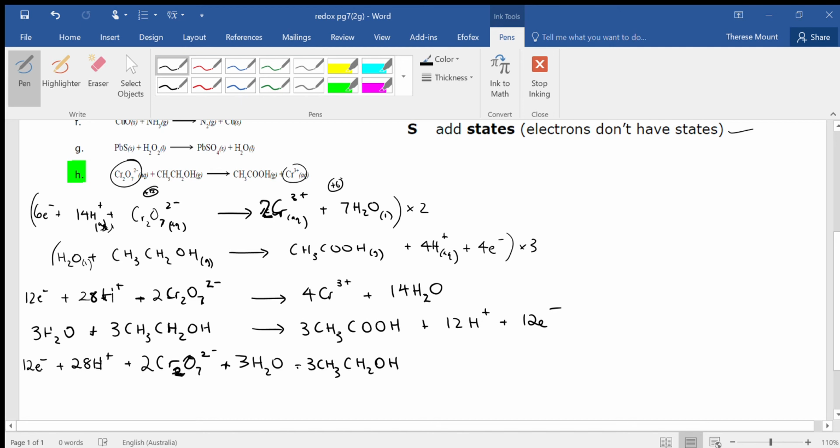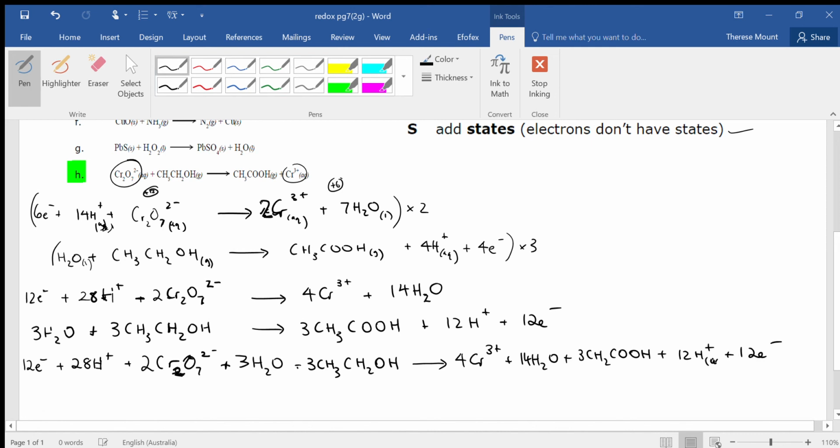Okay, so just check you've got everything there. Yep, good. All right, reactants. Plus 12 hydrogen plus the 12 electrons.